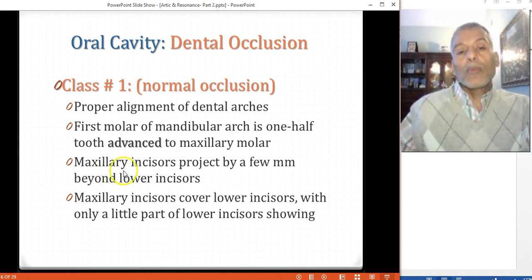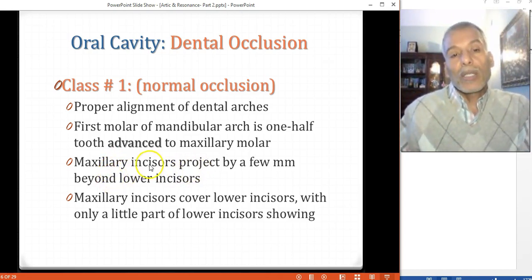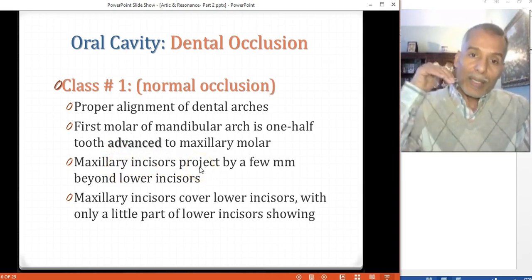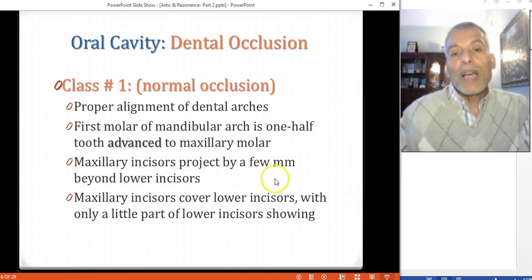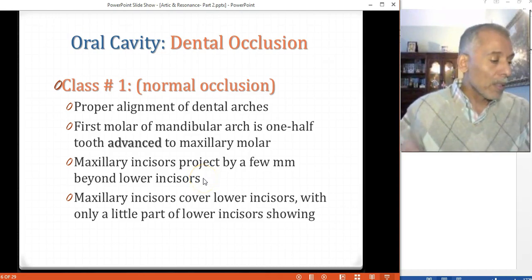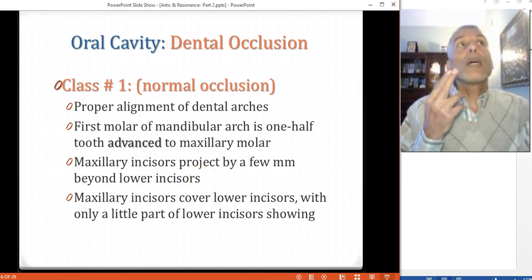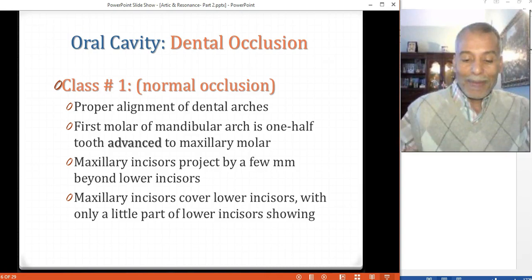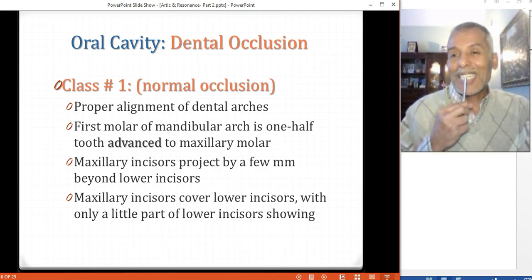So this way, the second condition: the maxillary incisors project by a few millimeters beyond the lower incisors. So that means if you have one of these tongue depressors and you can kind of insert it, it might fit, it might not.